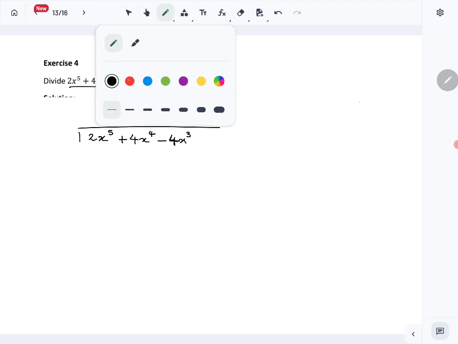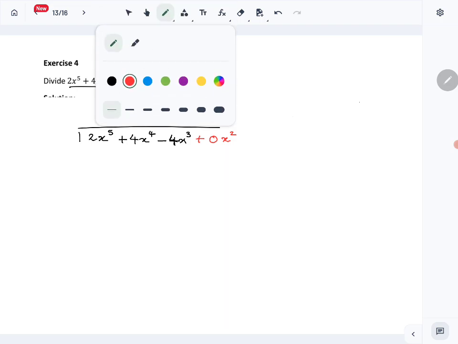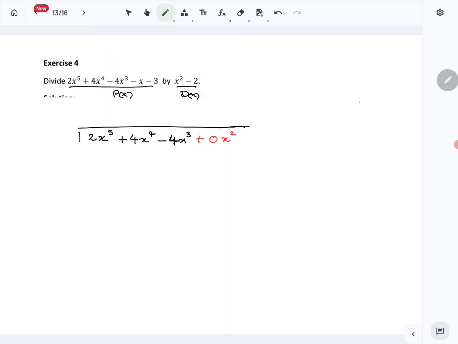So when you are doing long division, if there are missing terms, just write them as 0x squared. Then when you are subtracting term by term, you won't make mistakes because you have a 0 term, 0x squared. So you can put x squared terms under that and do the subtraction. So then you won't make mistakes when you are doing long division. So remember to put a placeholder term for missing terms. So here only x squared is missing. So I put 0x squared.